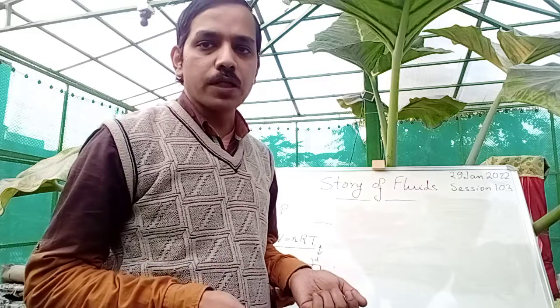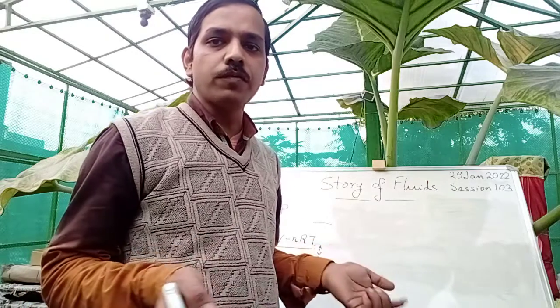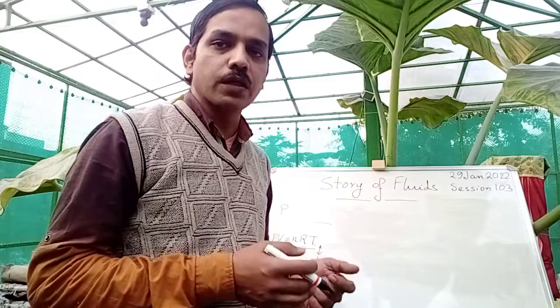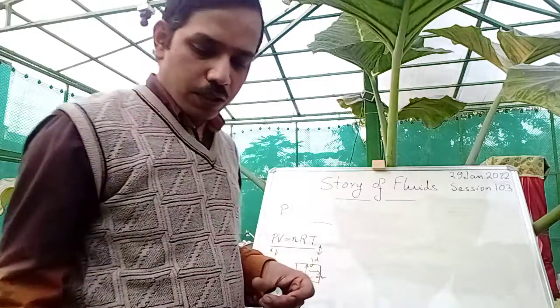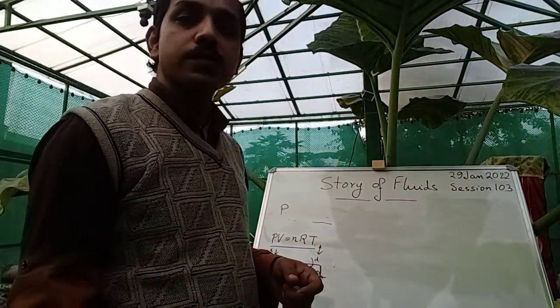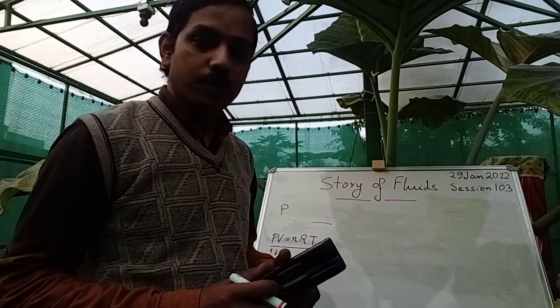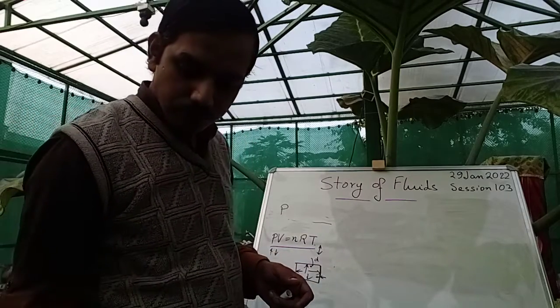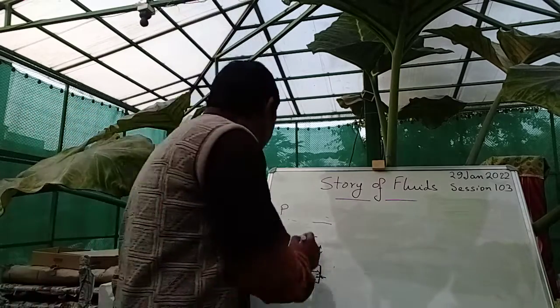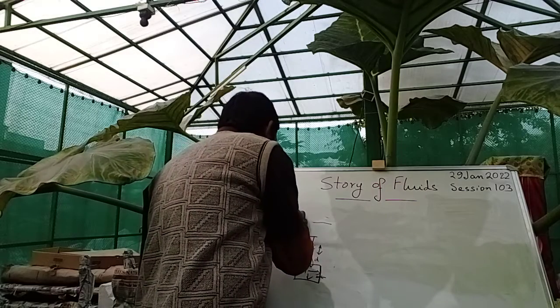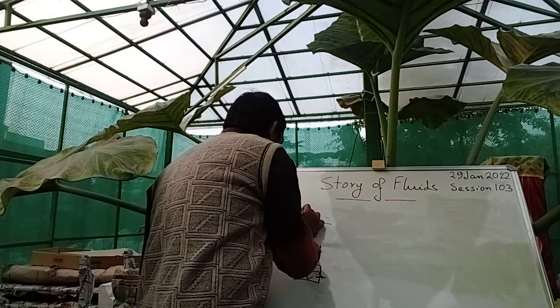Mostly we go by measuring the mass and the volume, and we get the density. So we'll take detailed classes on measurement of density later on. So now we talk about the pressure.